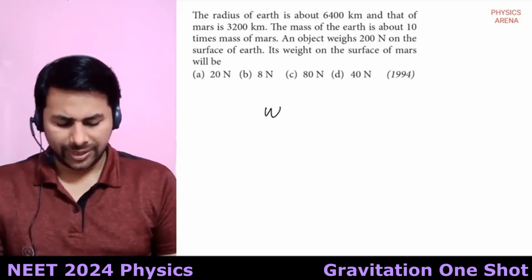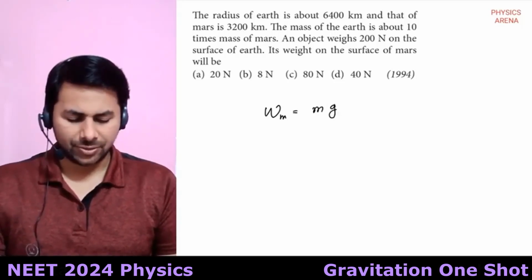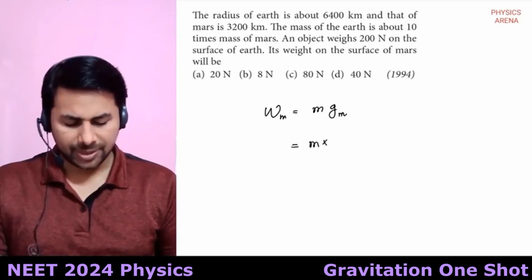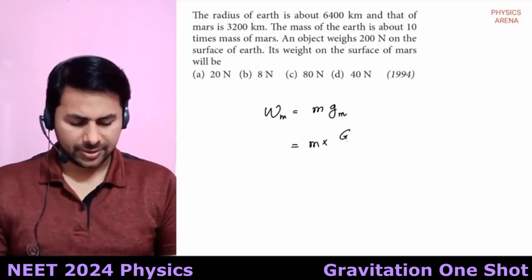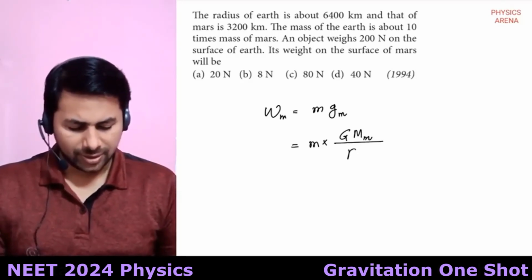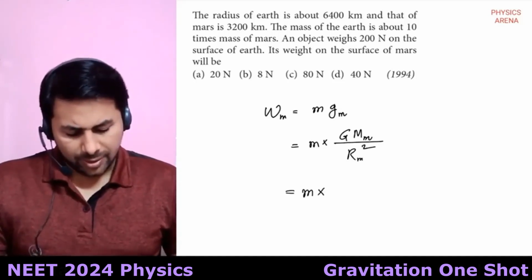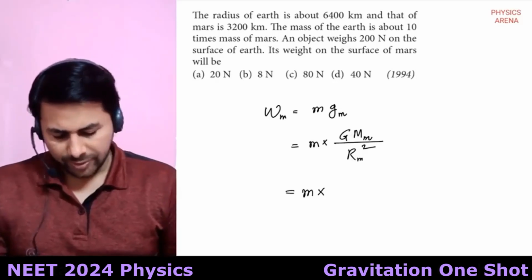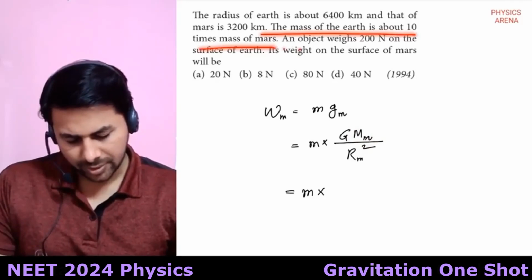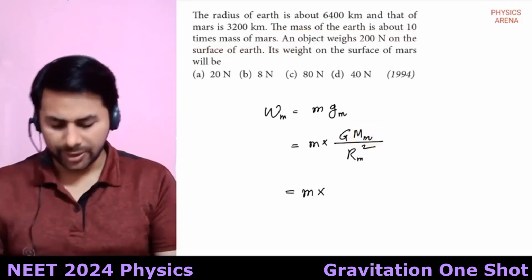Let's find out. Weight on Mars will be equal to mass multiplied by acceleration due to gravity on Mars. So m multiplied by g on Mars is G mass of Mars upon radius of Mars square. Mass of Earth is 10 times, so mass of Mars is mass of Earth upon 10.